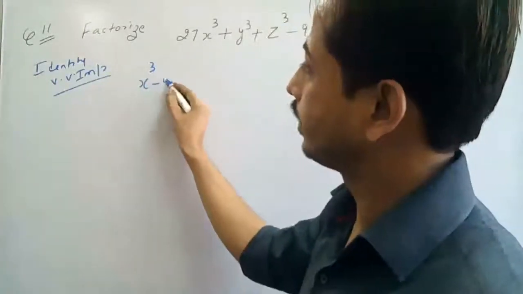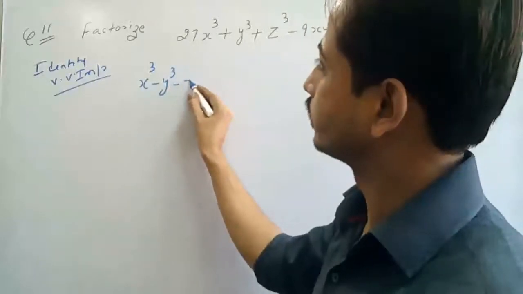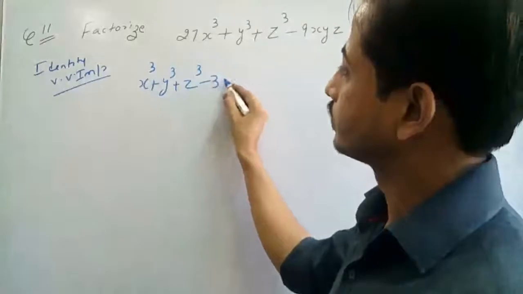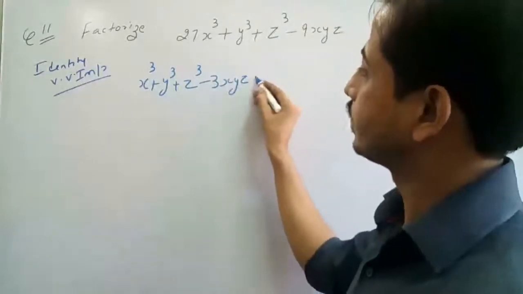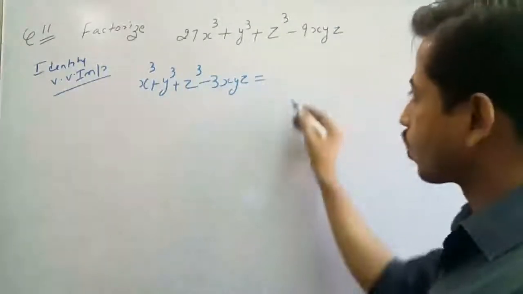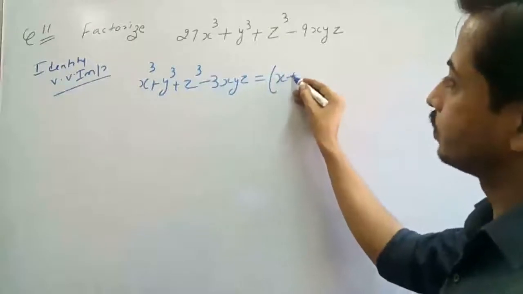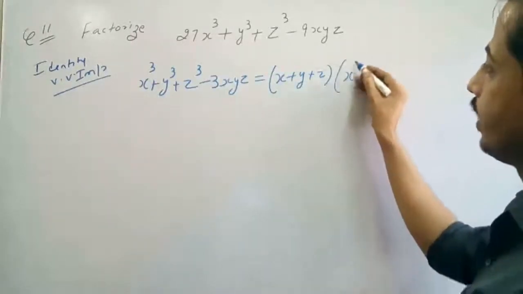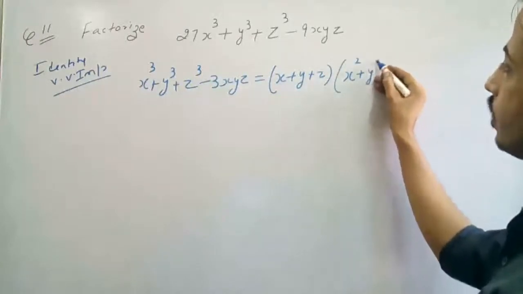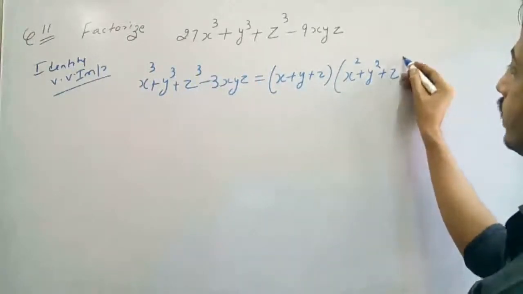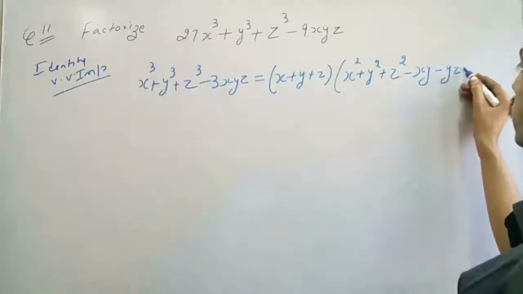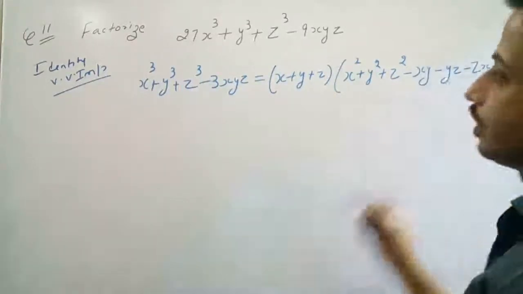x cube plus y cube plus z cube minus 3xyz is equal to what? x plus y plus z into x square plus y square plus z square minus x into y minus y into z minus z into x.